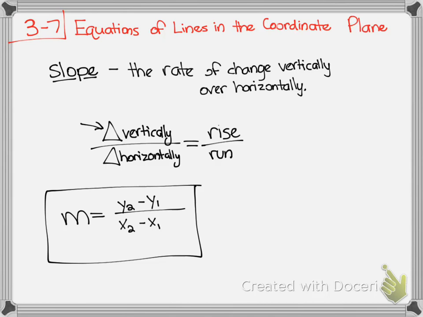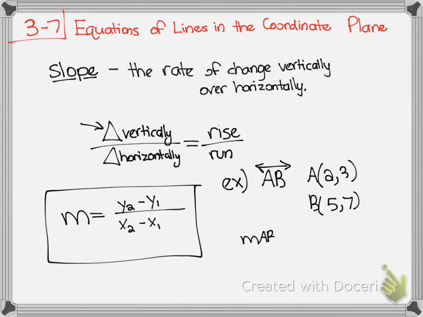So let's look at an example of finding slope. Let's just say I have this line, we'll call it AB, where A is at (2, 3) and B is at (5, 7). I want to find the slope of AB. To do that, I could just plug it into my formula.